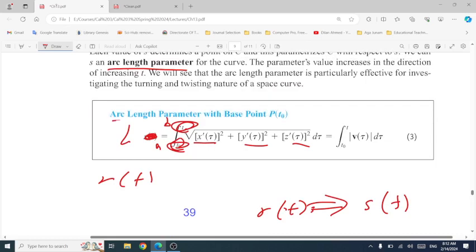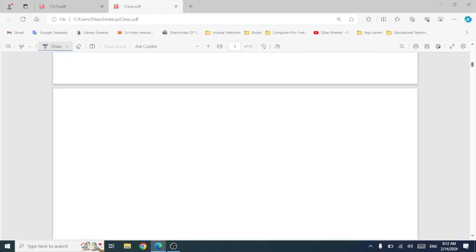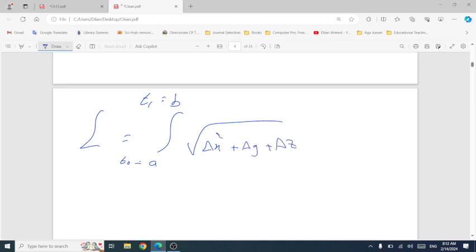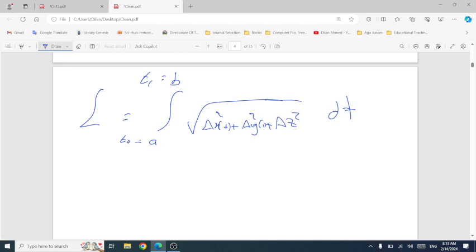So what's the difference between this arc length and the other one? The first one was the length given AB, which means that T1 is also a number, and we say it is equal to the integral of delta X, delta Y, delta Z, dt. Do you remember that? And each one is a function of t. Good. How about the other one? We say s(t) equals what?